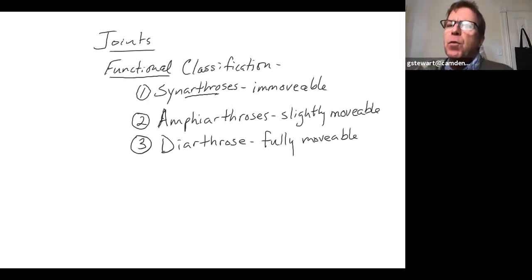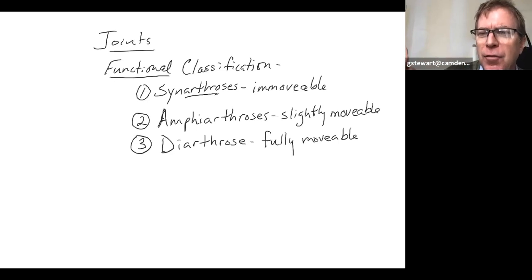So these words can also be used as adjectives. Like I can say a certain joint is synarthrotic. That means it's immovable, or amphiarthrotic, or diarthrotic. So if it ends in TIC, that's just a derivation of these words used as an adjective. All right, so that gets this out of the way, and that was fairly simple and fairly easy.